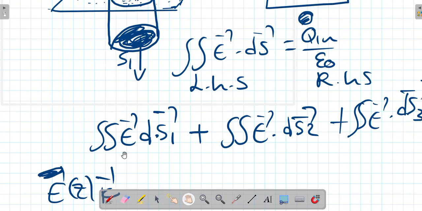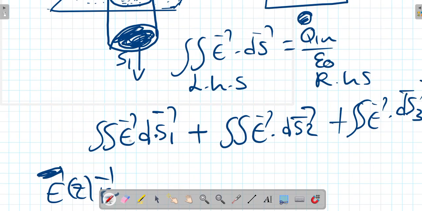So whenever we're dotting two vectors, you check the directions. This is why knowing the directions matters very much. E is in the Z direction and S1 is in the Z direction. If the directions are the same, you keep that integral; that integral is valid.